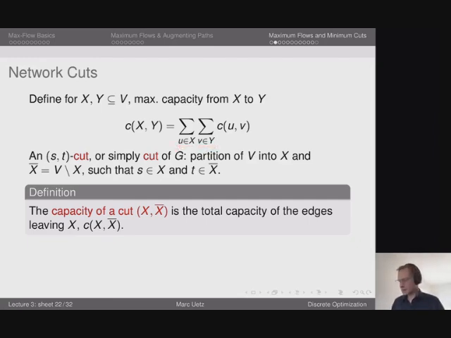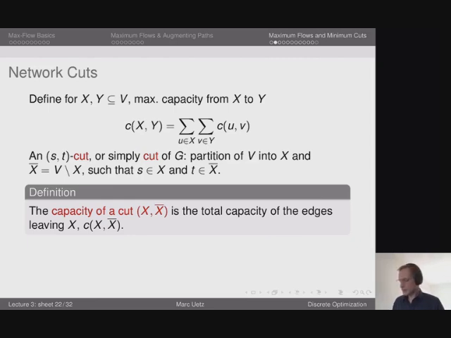Okay. Now, having defined this, we call a subset of the vertices an ST cut, or simply a cut for simplicity, if it is a partition of the vertex set into a subset X and the complement of X, such that the source vertex S is sitting in X, and the target vertex T is sitting in the complement of X. So we just partition the set of vertices into X and the complement of X, and we call such a thing a cut.